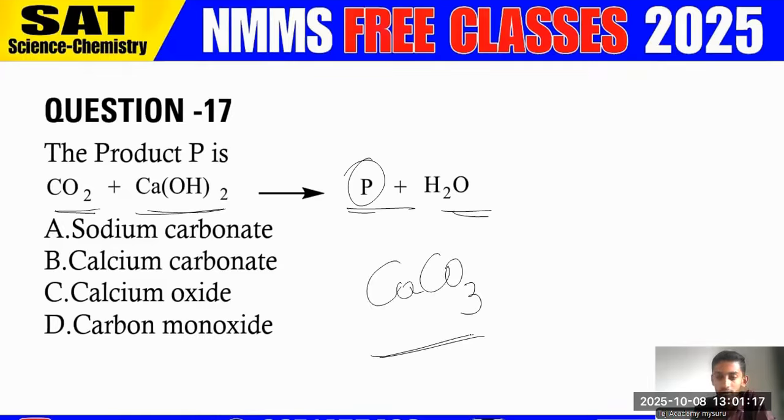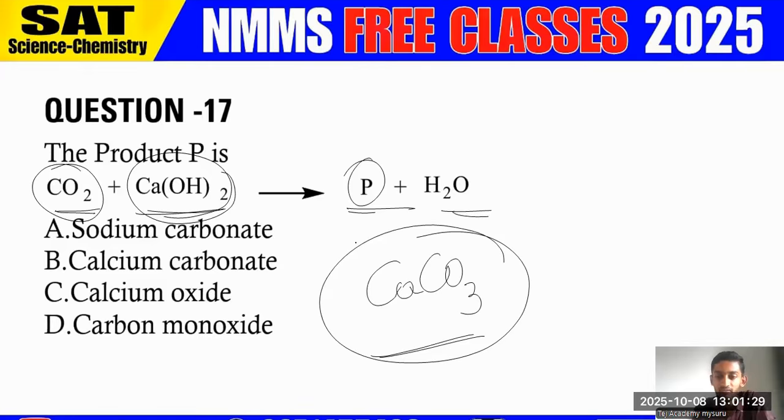When you supply carbon dioxide to lime water, you will get calcium carbonate, which is the reason for the milkiness in the lime water. So the correct option is calcium carbonate, that is option B.